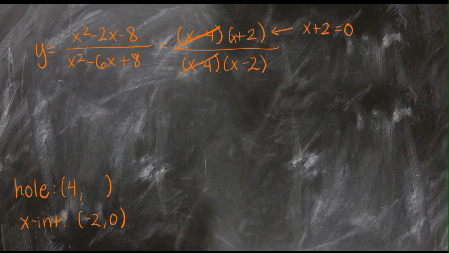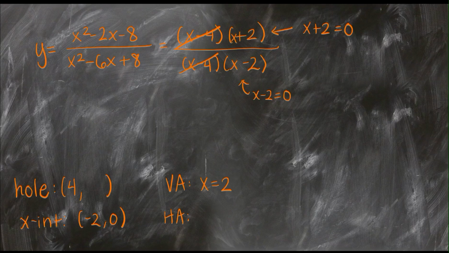Let's just think through what else we know about these graphs and what other information we can find. Are there any vertical asymptotes? Yeah, at x equals 2. We know that from the bottom. Where the bottom equals 0 and it doesn't cancel with the top, that gives us a vertical asymptote. So what about horizontal asymptotes?